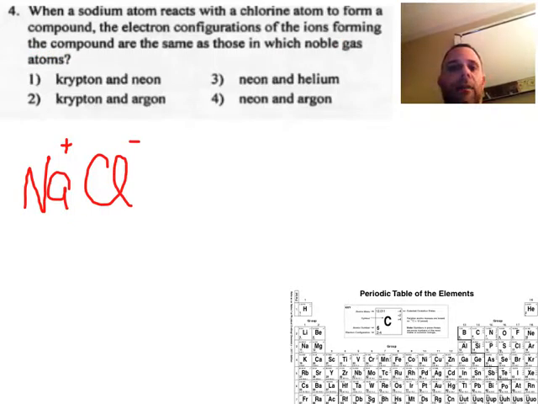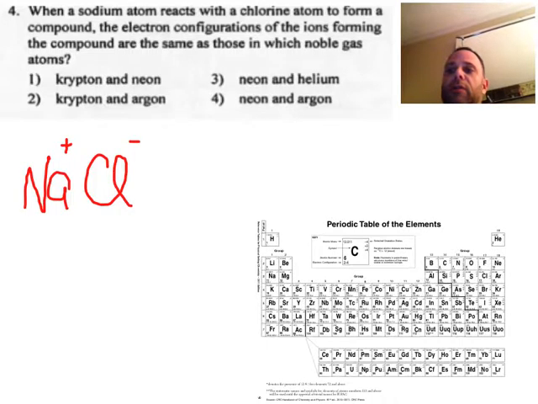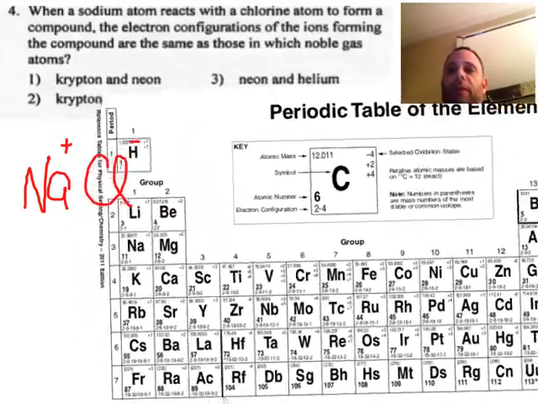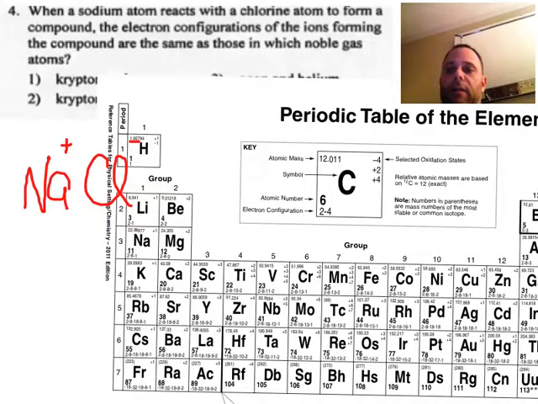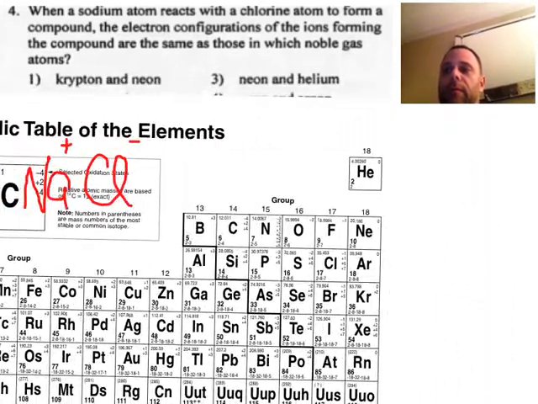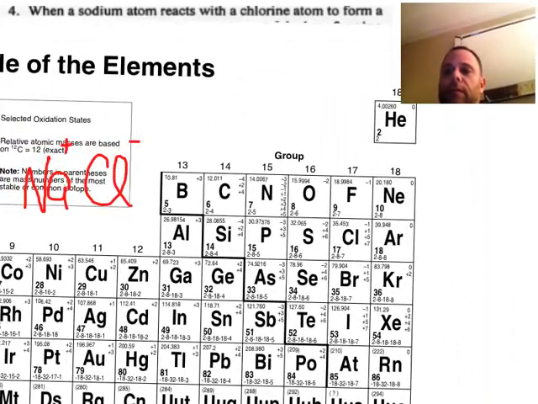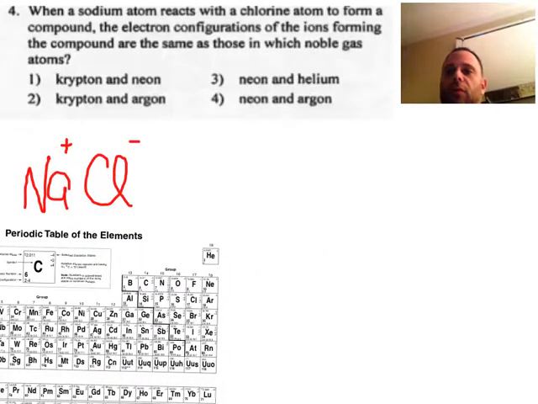Well, with this we have to do an inspection similar to the one before. Sodium's electron configuration, to begin with, is 2, 8, 1, while chlorine's is 2, 8, 7. So what would be happening here?